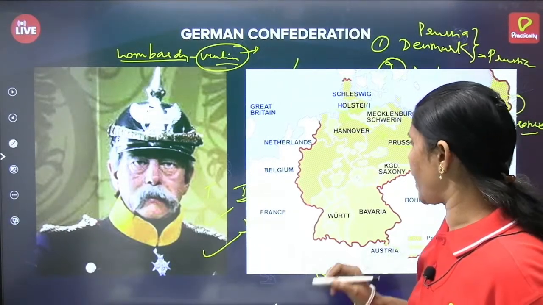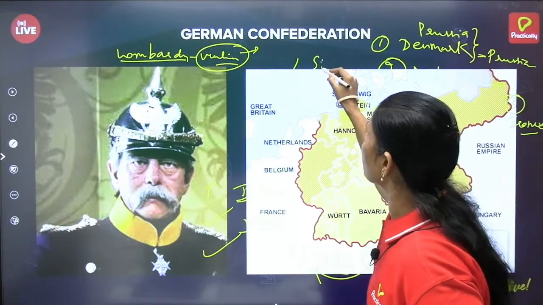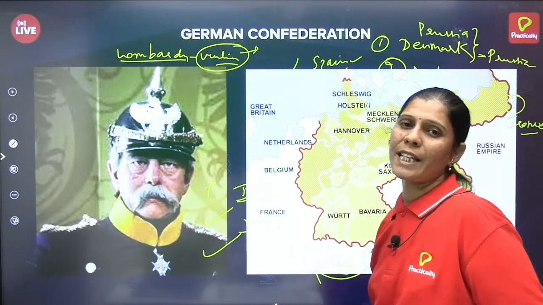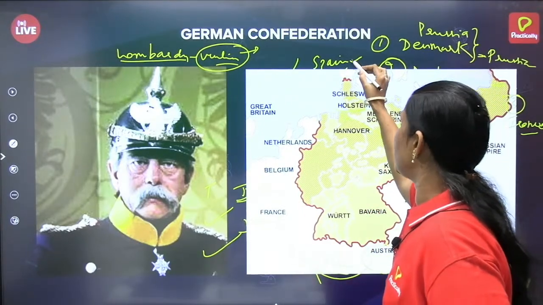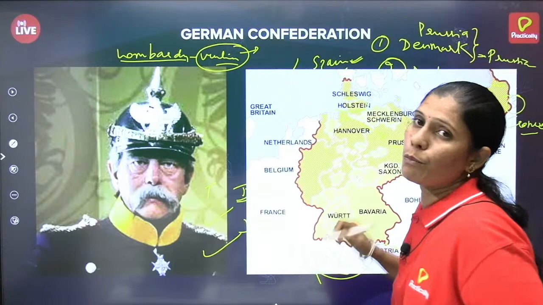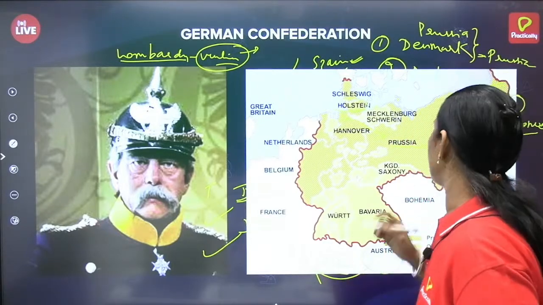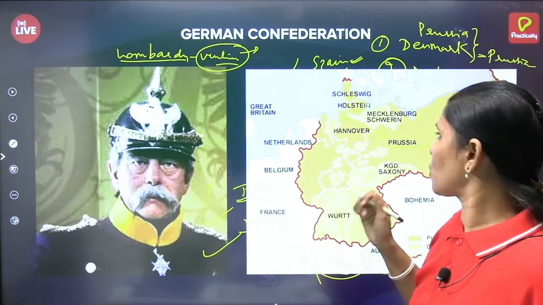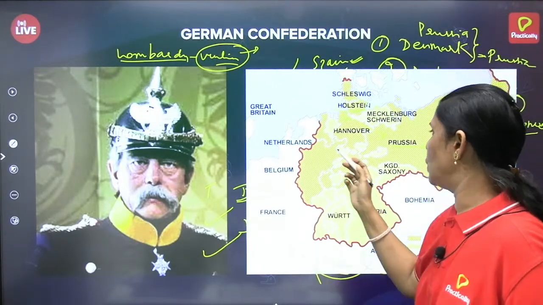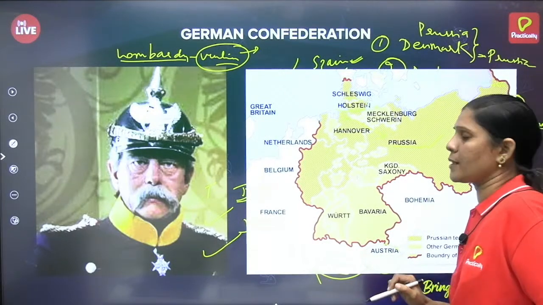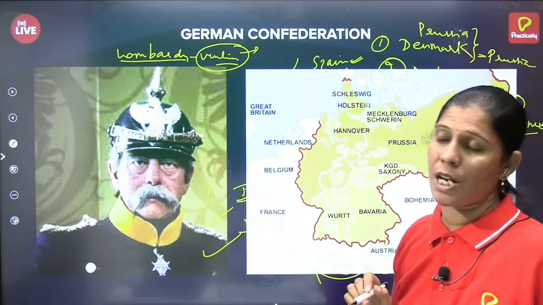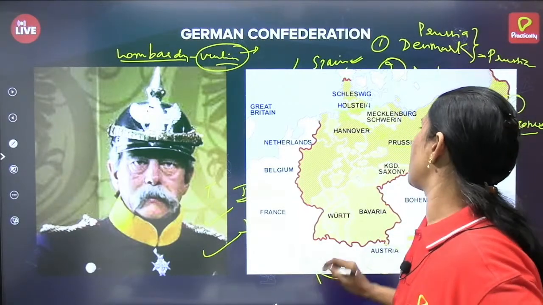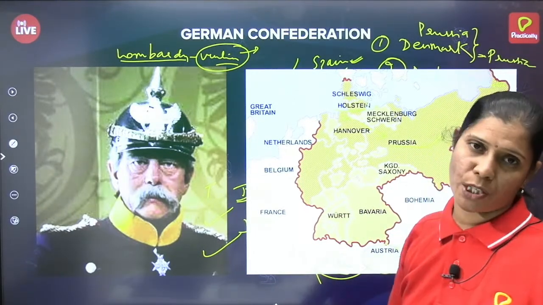In the case of Spain, Spain was ruled again by the Bourbon dynasty, Bourbon family members. So in helping Spain, these two people got involved in the war, and finally the France-Prussia war also took place. In the course of time, France loses its places to Prussia. So finally many places of the German Confederation went into the hands of Prussia.